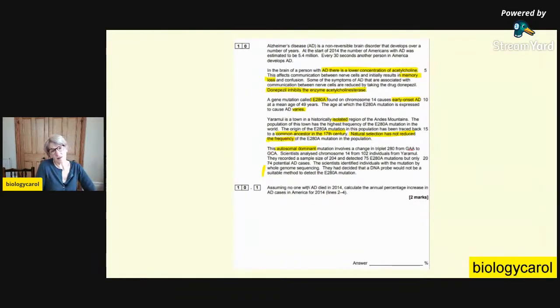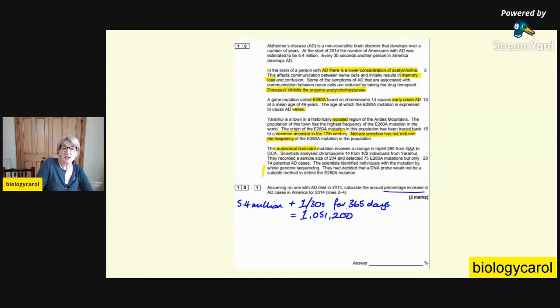Assuming nobody with Alzheimer's died in 2014, calculate the annual percentage increase in 2014. Well, we start off with 5.4 million. Every 30 seconds, the number goes up by 1. So we've got to work out how many 30 seconds there are in a year. So 1 per 30 seconds for 365 days.